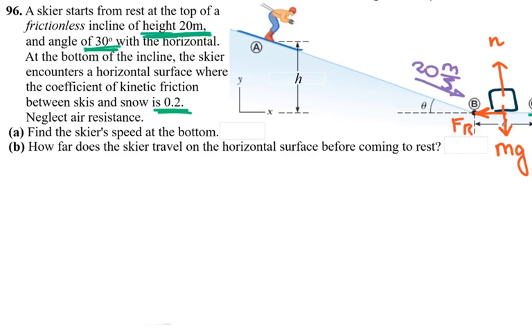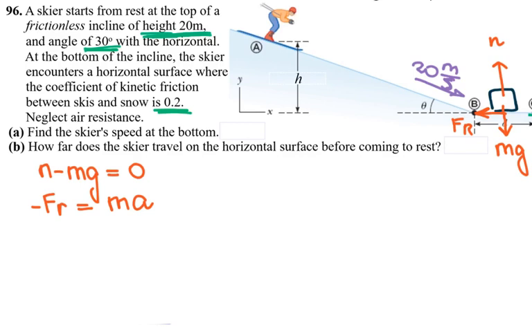So I'm gonna do again F net is equal to ma. I have the normal force minus mg for vertical motion is equal to 0 because there is no acceleration, so ma is equal to 0. For the horizontal forces, I have only one force, the force of friction. So the friction force, negative, is equal to mass times acceleration.